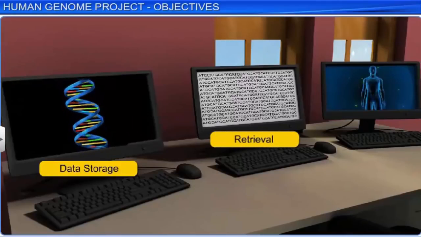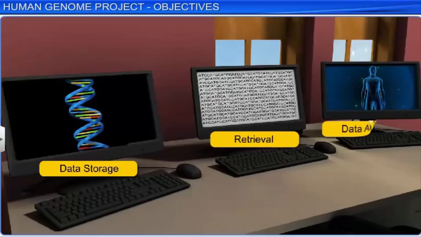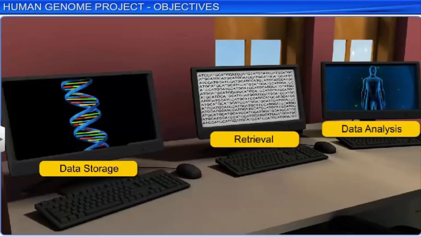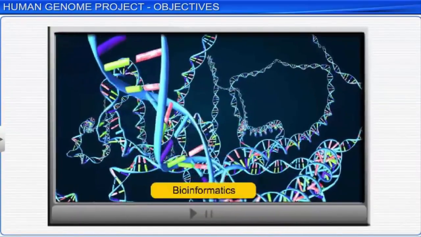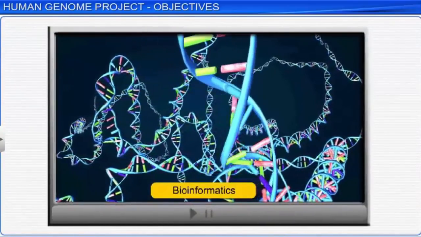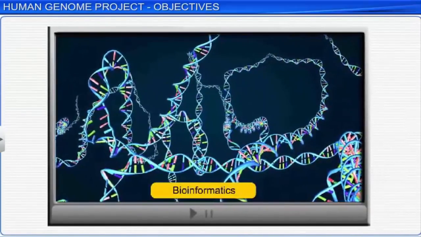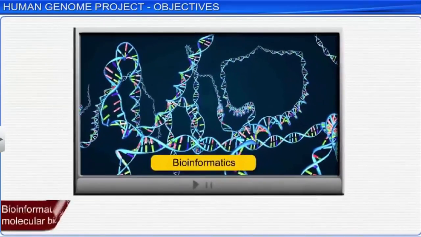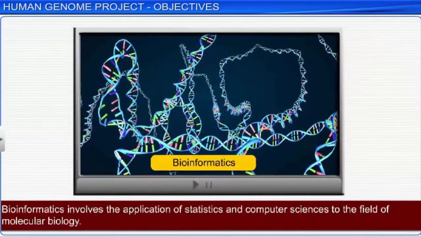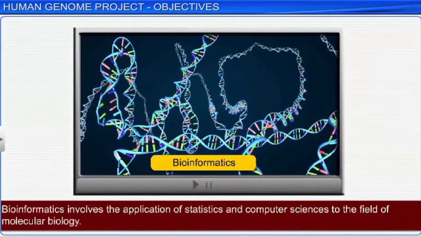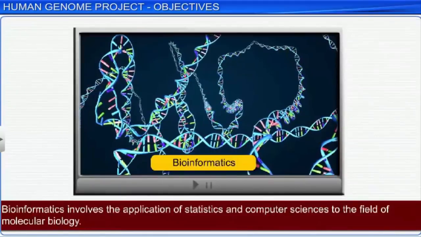In addition, the HGP required improved tools for data analysis. Thus, the HGP is also credited with contributing to the rapid development of a new branch of biology called bioinformatics, which involves the application of statistics and computer sciences to the field of molecular biology.